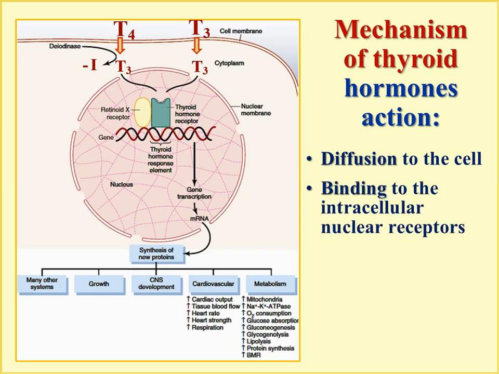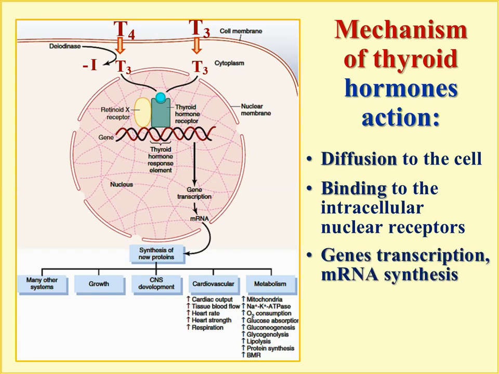Then the next stage is binding to intracellular receptors which are located inside the nuclei. These are nuclear receptors already attached to the DNA inside the nucleus. These thyroid hormone receptors are usually combined with a so-called retinoid X receptor. They both can stimulate, when activated, the so-called thyroid hormone response element, the portion of DNA that responds by transcription under binding of the hormone to the nuclear receptors.